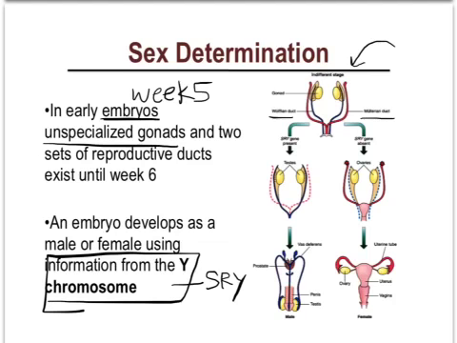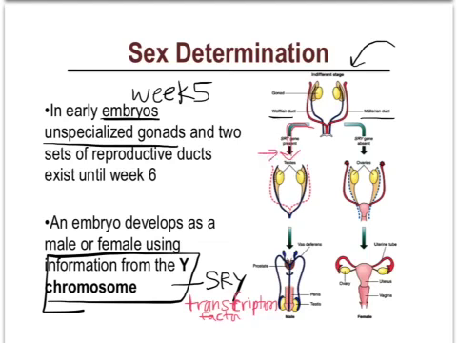So the SRY gene makes a transcription factor that will turn on male-specific genes. So if you have the Y chromosome, you should have the SRY gene. And so if you have the SRY gene, you're going to follow this path right here.